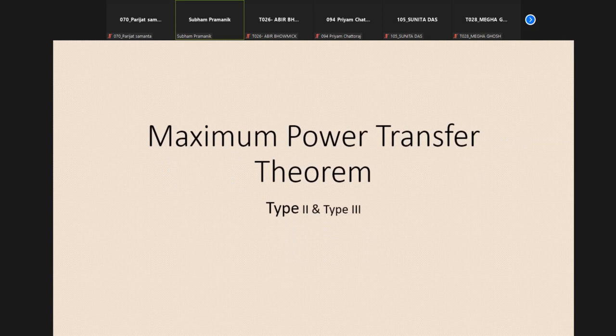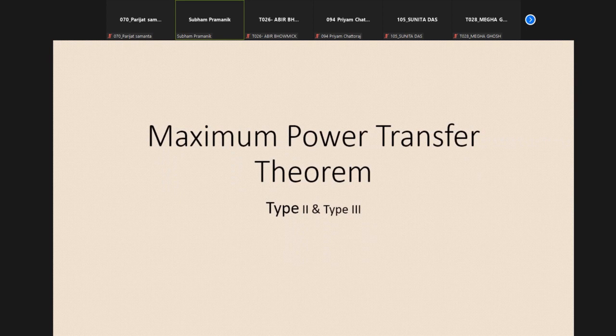So, first of all, let's see what is the statement of maximum power transfer theorem for type 2 network. Type 2 means, if you remember last day's lecture, there are three types. Type 1 is where the load is purely resistive, a variable load, but resistive. Type 2 is a network where the load is reactive.